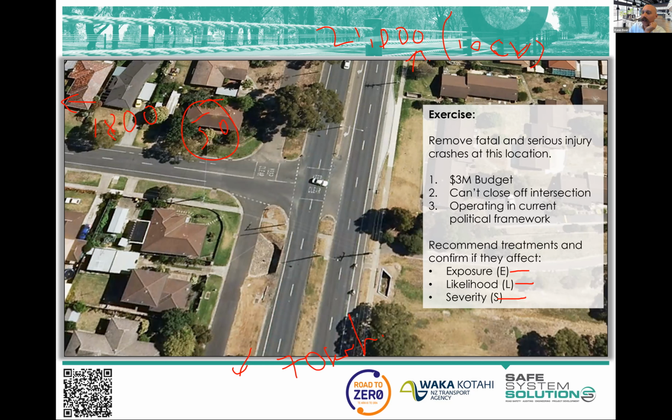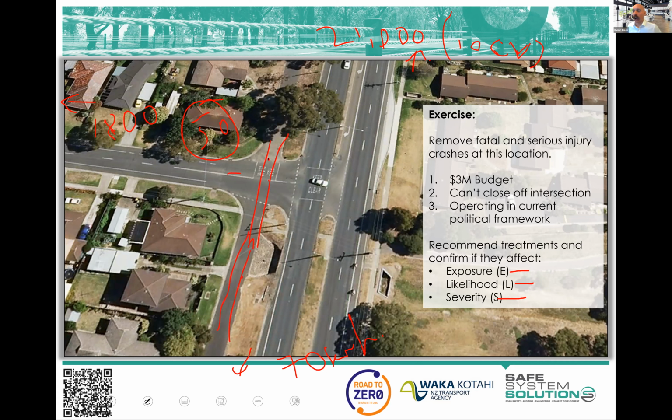Some really good ones associated with adding cycleways to the service lane in order to alter the exposure potentially of cyclists to the higher speed traffic, or maybe the likelihood because of course they are going to need to cross and be exposed at some point to these vehicle crashes, even if you had that as a nice separated one.